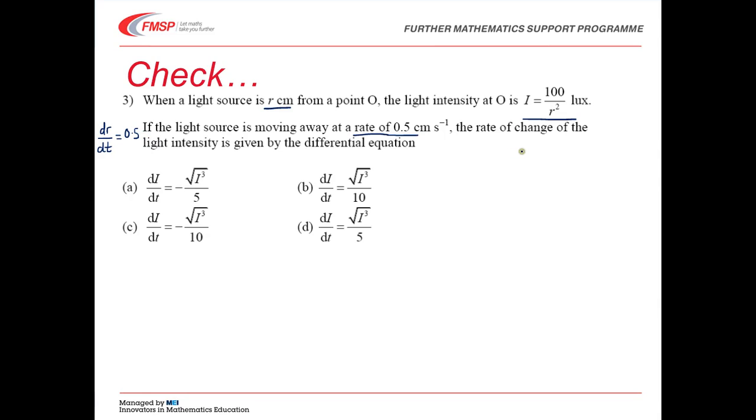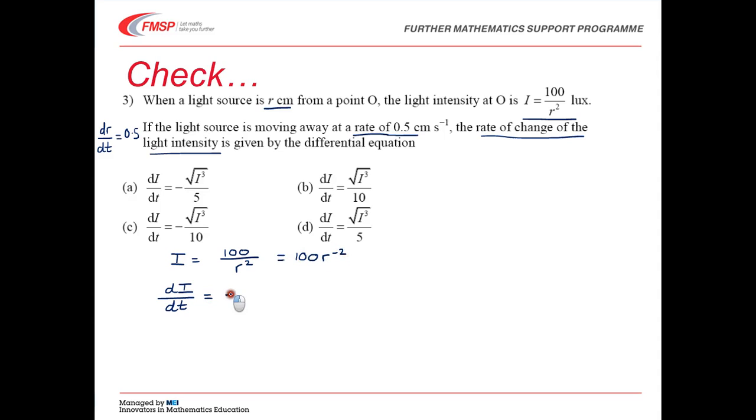And we're asked to find an expression for the rate of change of the light intensity. So we've got I equals 100 over r squared, and we want dI by dt. So we're going to differentiate both sides with respect to t. So 100 over r squared is 100r to the minus 2.